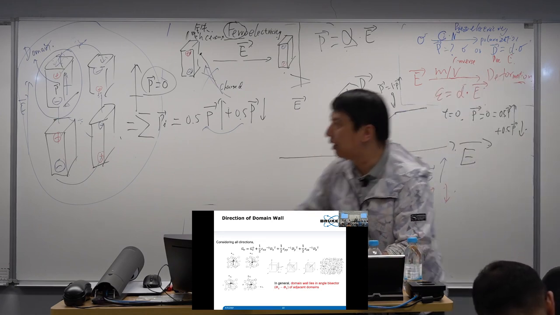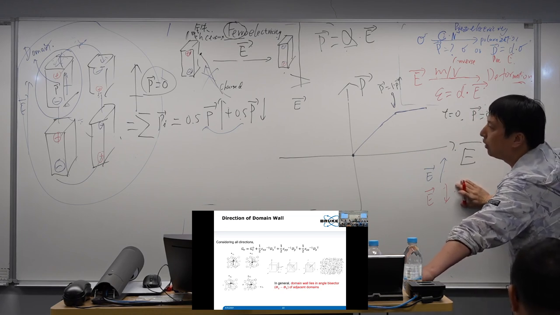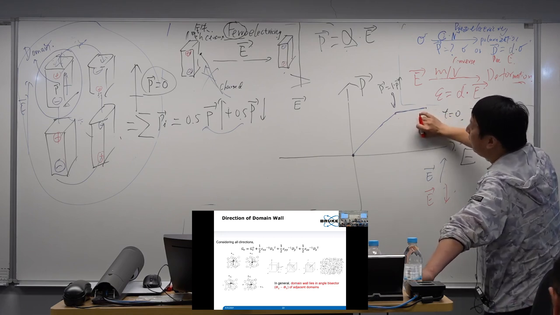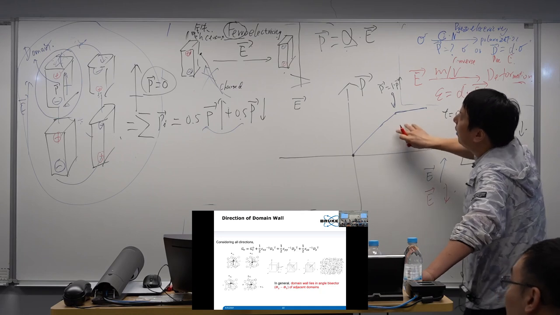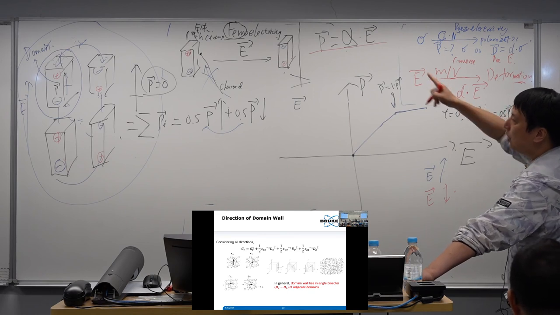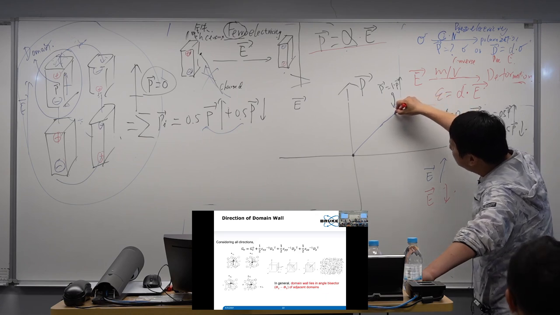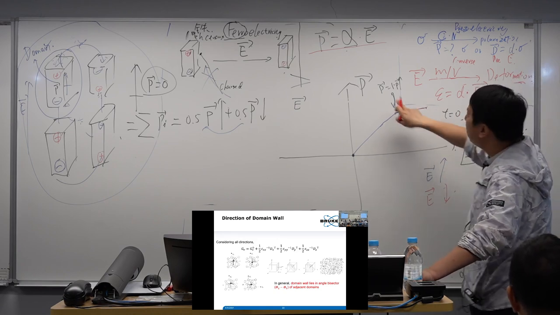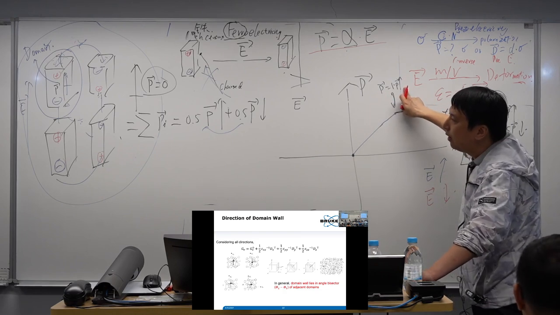Okay, then I decide to reduce the external electric field. Once I reduce the electric field, in this quadrant, we still need to follow these directions. We still need to follow these relationships. So I reduce the field. I should follow the same curve, and go to this point. On this point, the polarization is 100% facing up.